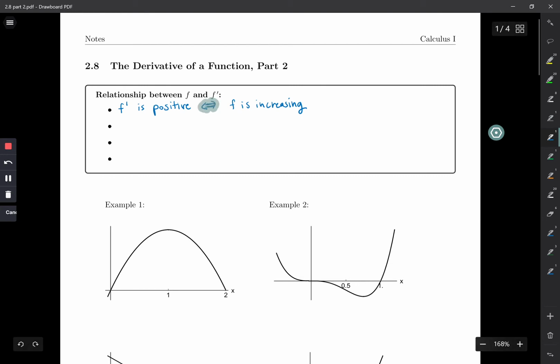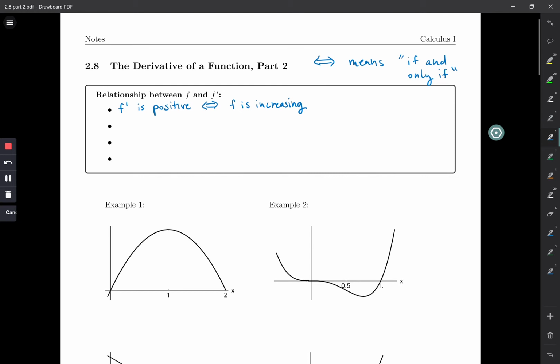When I write this double-sided arrow with two bars like that, I may have mentioned this before, but it doesn't hurt to mention it again, this means if and only if. Okay, so it's saying that if we know that f prime is positive, then we know it's increasing, and also if we know that f is increasing, then we know that the derivative f prime is positive. Okay, so it goes both ways.